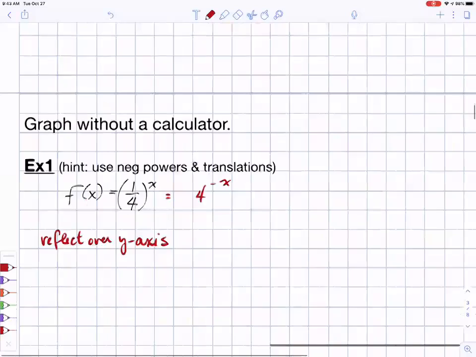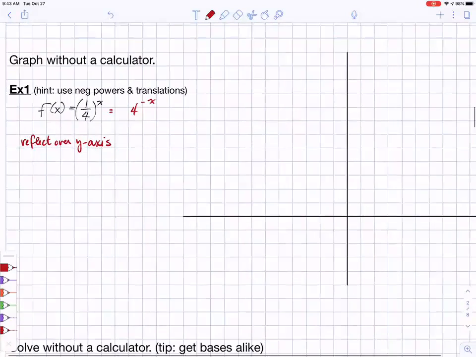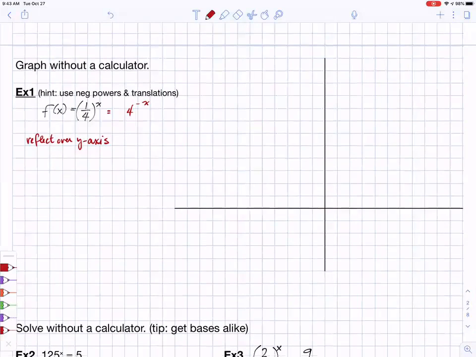All right. So let's go and we'll work our graph. Now, the things that I would expect to see on a paper graph, I would expect to see your horizontal asymptote, and I would expect to see 2 special points. Okay, and obviously the curve. But we'll get to that after we get the other 2. So when I take my horizontal asymptote, okay, am I shifting it up, down, right, left?